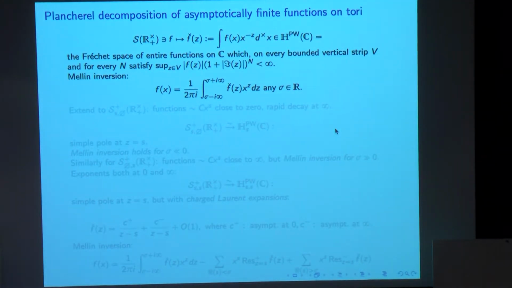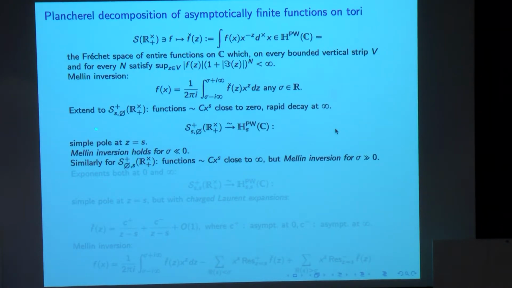Now we're going to extend this to asymptotically finite functions. Let's start with functions which are asymptotically finite in a neighborhood of 0. That means our functions will be a multiple of x to the s up to something of rapid decay close to 0. And close to infinity, they're still of rapid decay.